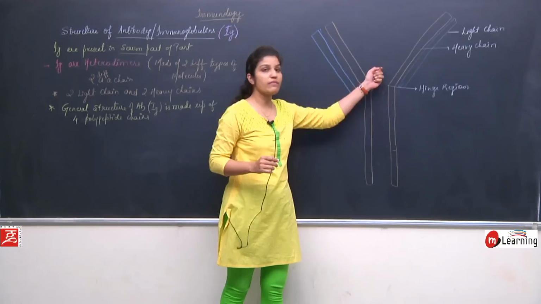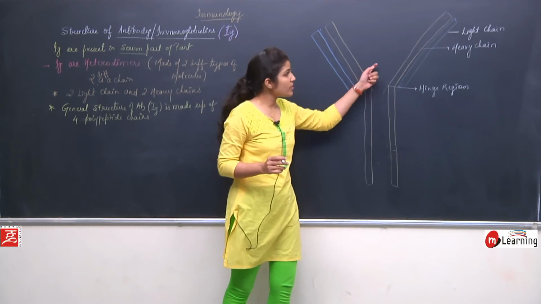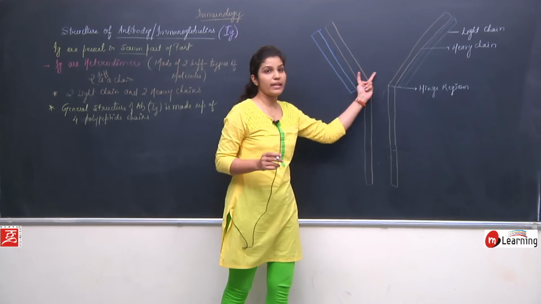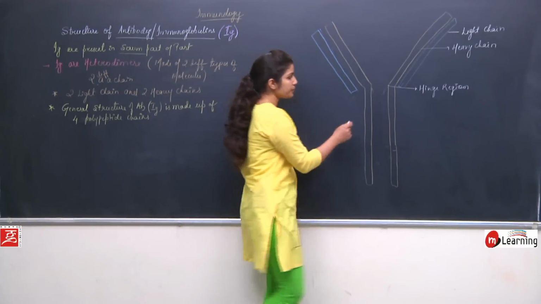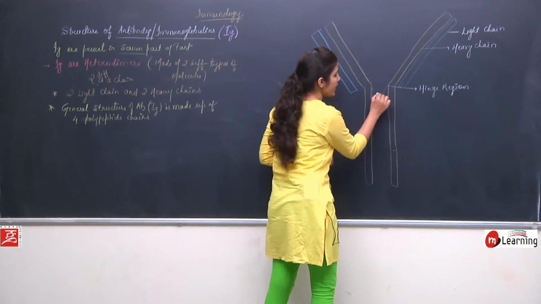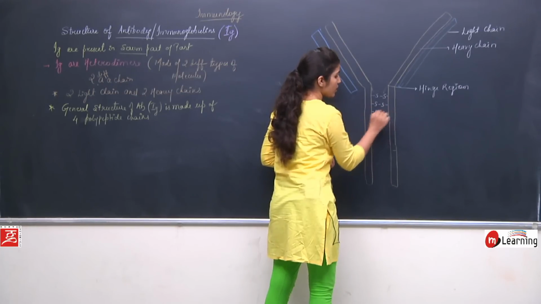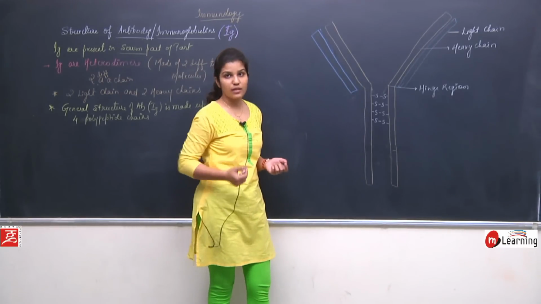Now, why is the structure fork-like? What is the significance of this structure? The significance is that it has 2 antigen binding sites, and one more thing, these 2 heavy chains are joined together by disulfide bonds.